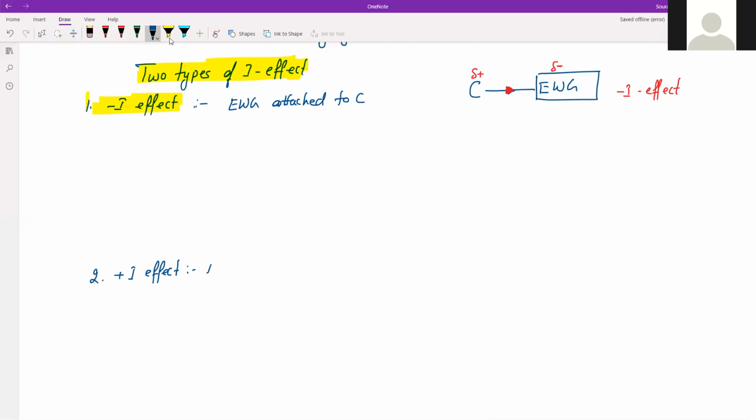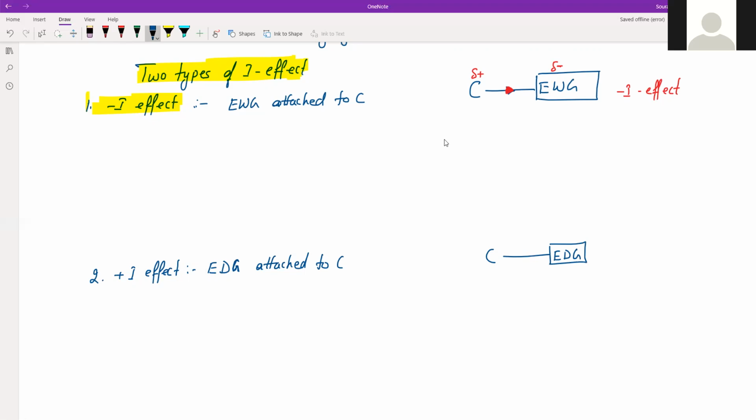That is when electron donating group is attached to carbon. So carbon attached to a group which is electron donating group, or you can say repelling group.